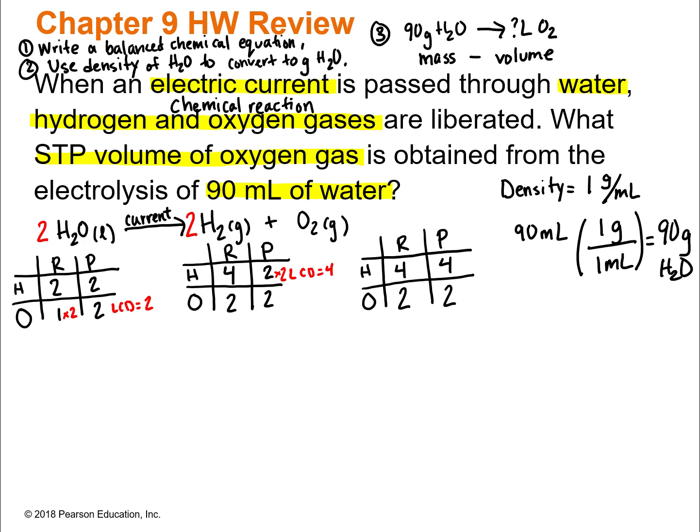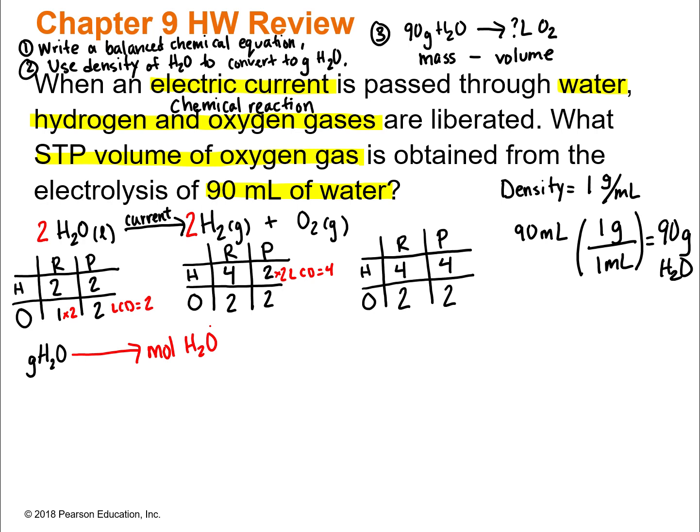So now that we know what type of problem we have and we have a balanced chemical equation, we can move on and just do the stoichiometry. I'll write out the plan first. We start with grams of water. We always have to get to moles as our first action.